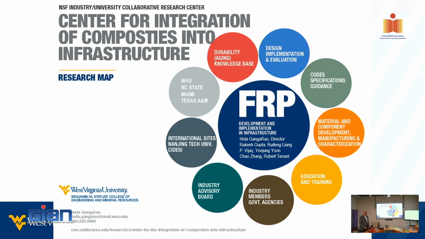The chemical aging is exposure of the material to various environmental conditions, such as pH variations, freeze-thaw conditions, and sustained stresses. These are environmental related issues. So how is the material going to degrade, both in terms of strength and stiffness? That is the durability part of it.